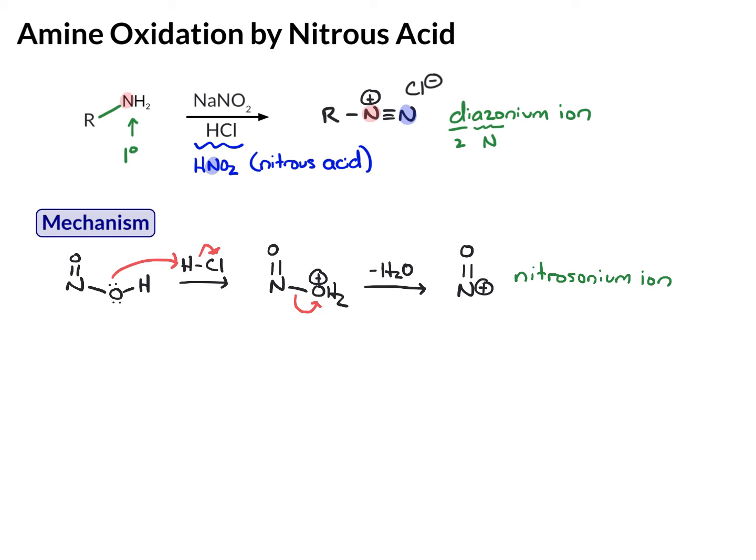So let's come down to the next line. Here's the amine. And we have a lone pair on that nitrogen. And we have the nitrosonium ion. So we're going to use the lone pair here, draw a curved arrow to show bond formation. So this is where the two nitrogens get joined together.